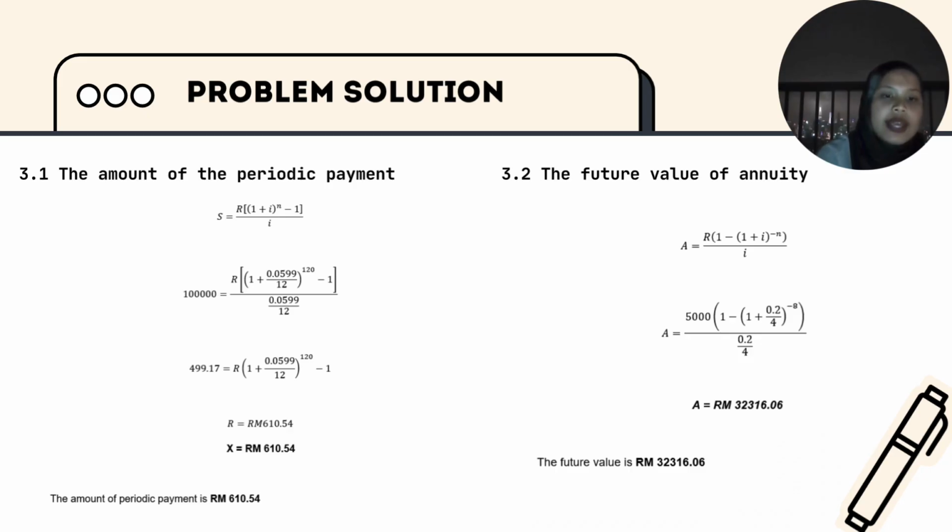So the A we get is RM32,316.06. So the total future value is RM32,316.16.